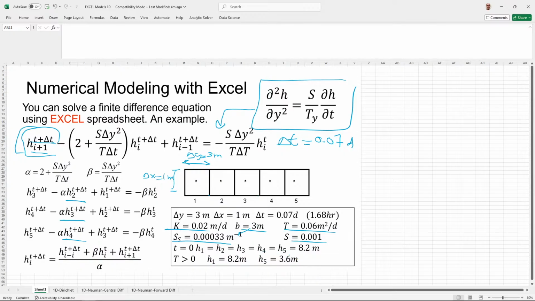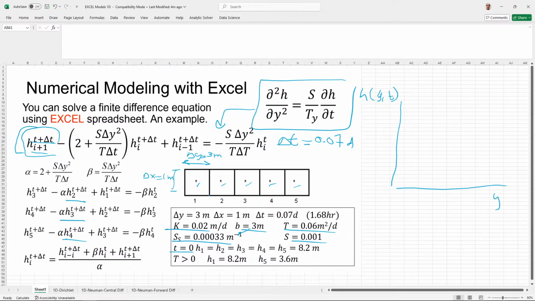The important part here: at time 0, before the start of the simulation, my head was equal. So head here was equal to head here, equal to head here, equal to head here, equal to 10.8. So let me draw this for you. This is head, which is changing with y and time, a function of space and time, and this is y here.